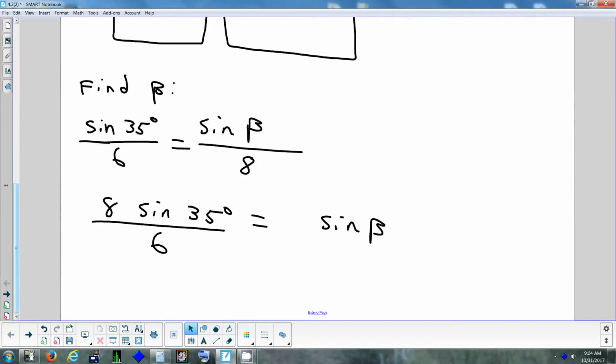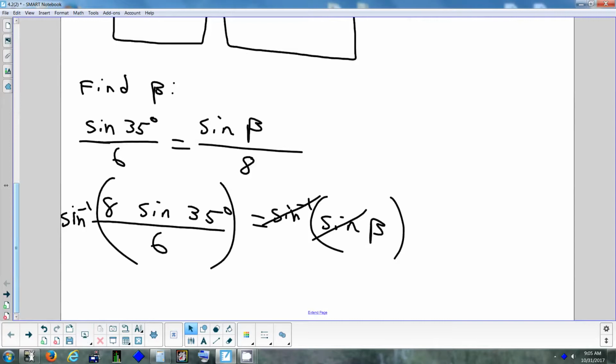Now I've got sine beta by itself, but I want to get rid of sine. So Paige, how do we get rid of sine? Yep, I'm going to take the inverse sine on the right. That's going to cancel regular sine. And we also have to do it on the left.